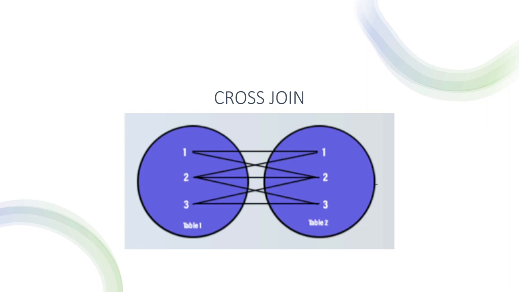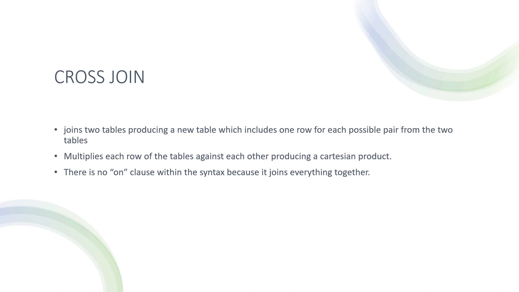And then I'm briefly just going to talk about cross join. Cross join is another command that joins 2 tables, and it produces a new table, which includes 1 row for each possible pair from the 2 tables. In other words, it's basically multiplying each row of each table against each other, producing a Cartesian product.